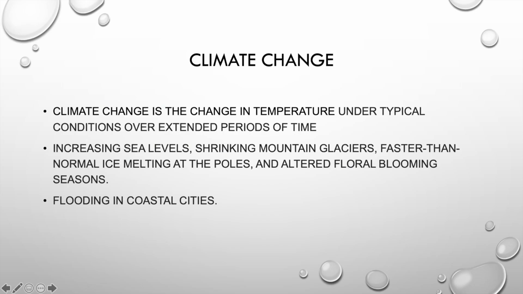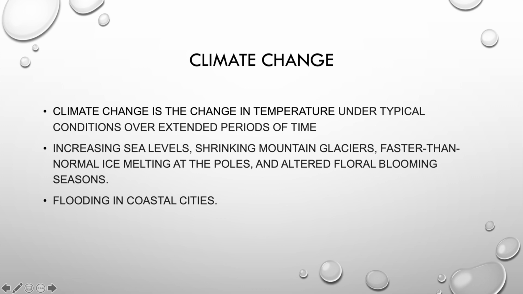Climate change is a change in temperature from typical conditions over extended periods of time. Effects of climate change include increasing sea levels, shrinking mountain glaciers, faster than normal ice melting at the poles, and altered floral blooming seasons. Climate change is a very serious topic and should be taken very seriously.